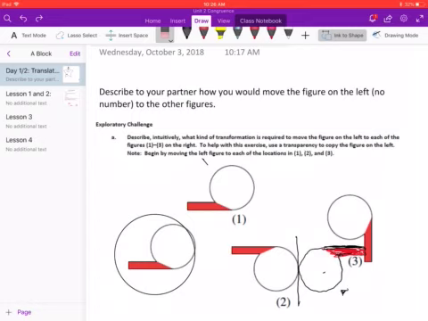All I've got to do is flip it over. Or the way we say flip in math is to reflect. So a reflection across that line would match up.